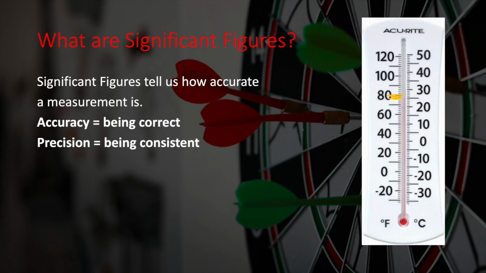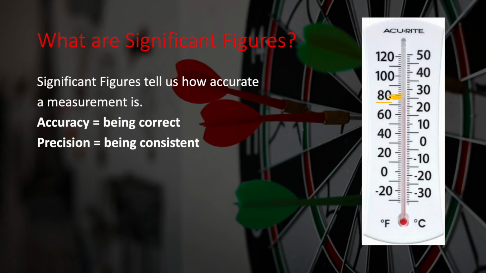There's no room for uncertainty because we know it's at 80. So that's really what significant figures tell us. If we have two significant figures, the 8 and the 0, imagine there's a decimal point here, but 80 means it is accurate up to two figures. That's really all significant figures do.